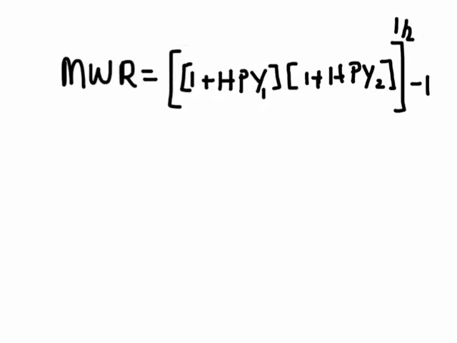Is it a correct formula? 1 plus holding period yield of year 1, multiplied by 1 plus holding period yield of the second year, raised to the power 1 over 2, minus 1. This is incorrect because it should be TWR. Very good. Not MWR.